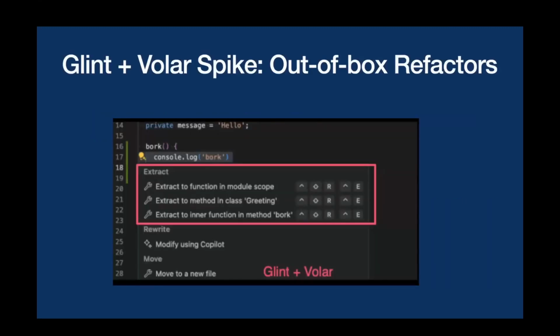So I thought that seemed pretty cool. I saw some really interesting presentations on Volar and how easy they made the prospect of language tooling for a new framework seem. And I did a spike to see what it would be like to rework Glint's internals to function atop Volar. And the spike went very well.